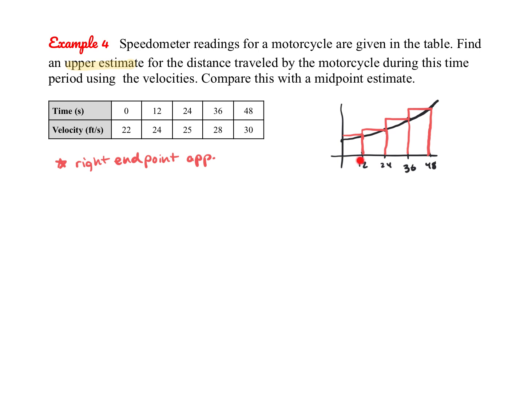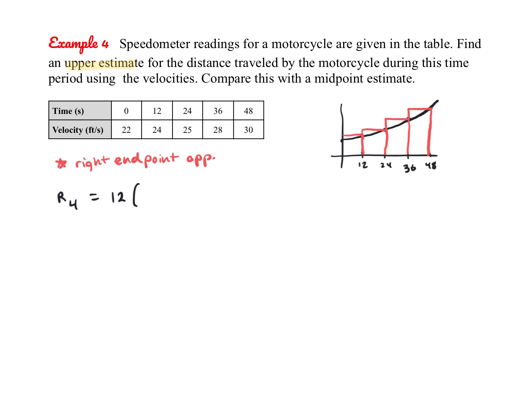So now we just need to calculate our right endpoint approximation. We are just going to use 4 rectangles just because based on our data, that will be the easiest way for us to split up our rectangles. So here our first width is 12. Well, all of the widths are 12. So we can do 12 times the sum of the individual heights.